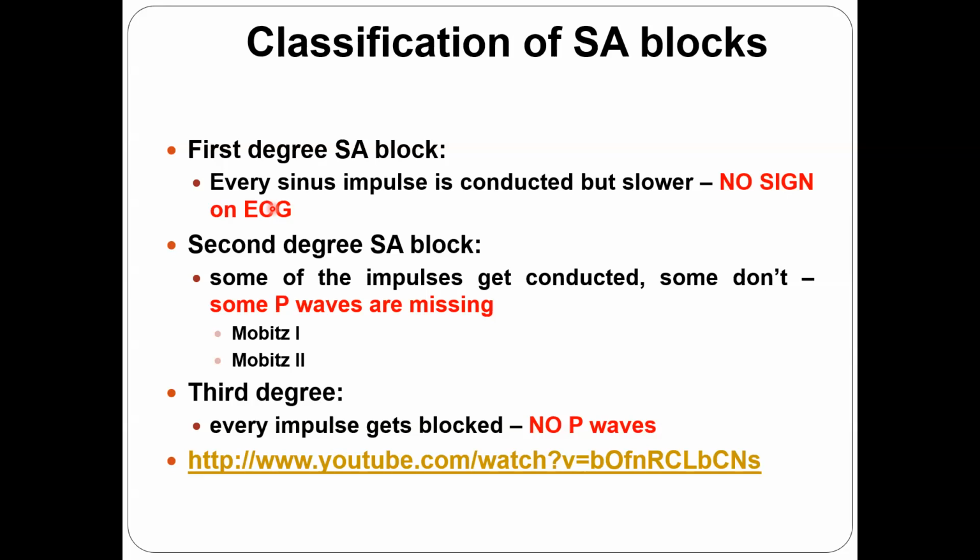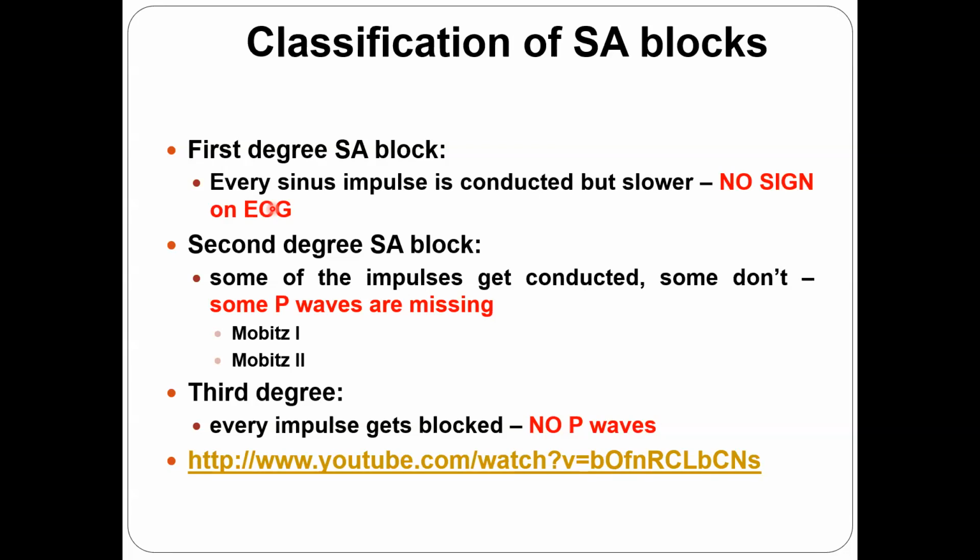Now, second degree is a little bit more difficult because it means that there are missing P waves. That's very similar to when we had an impulse formation abnormality called sinus arrest, when there is no impulse made by the SA node. The difference between sinus arrest and second or third degree SA block is that in this situation we do have nodal impulse formation.